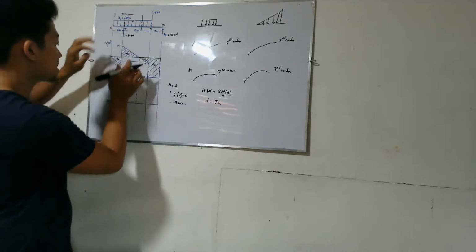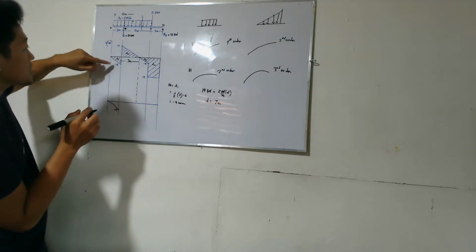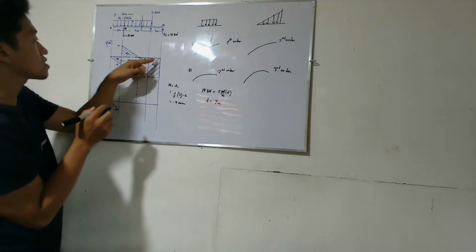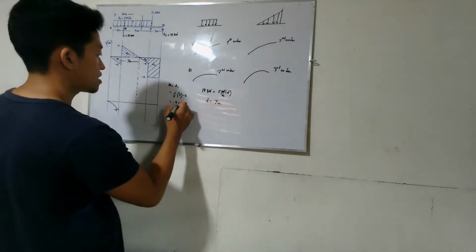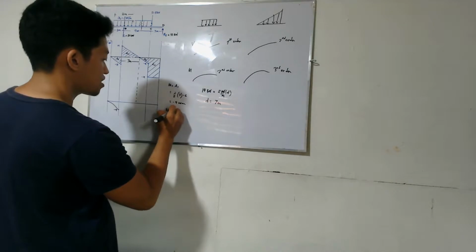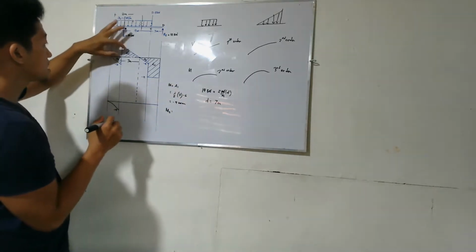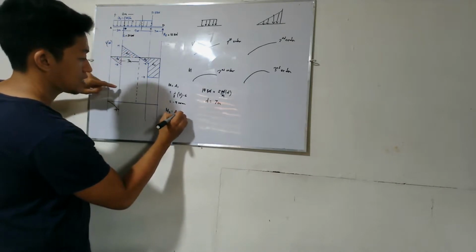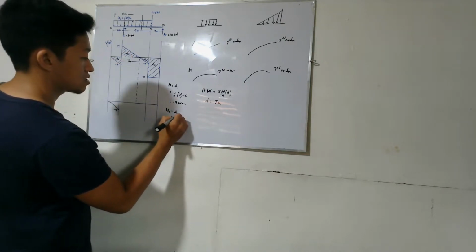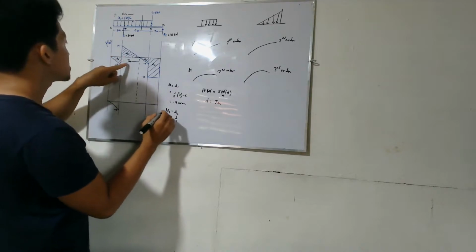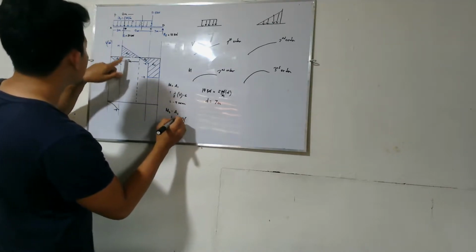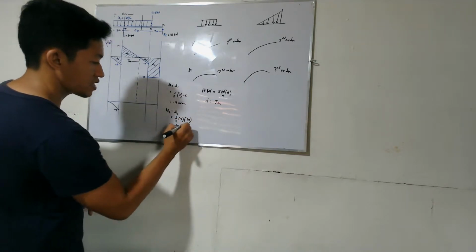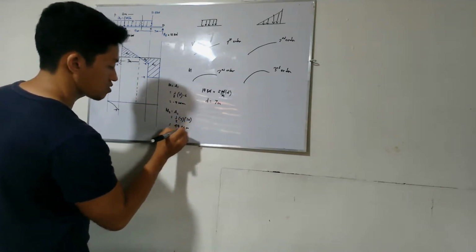7 din ang area ani since naaman siya sa positive, sa ibabaw sa 0. So ang M2 nimo would be area ni. Ang area na is 1/2 base 7, ang height 14. This is 49 kilonewton meter.